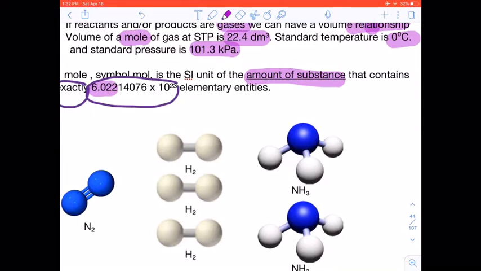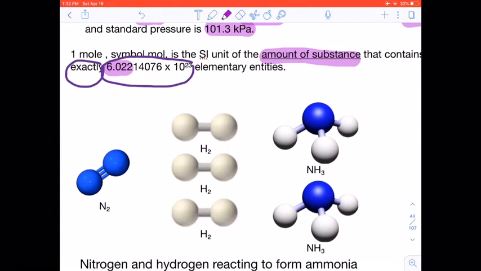So the mole is essentially a counting number, but in our future lessons I'll show you that the mole is actually determined by mass. So mass actually is a proxy for this particular number.